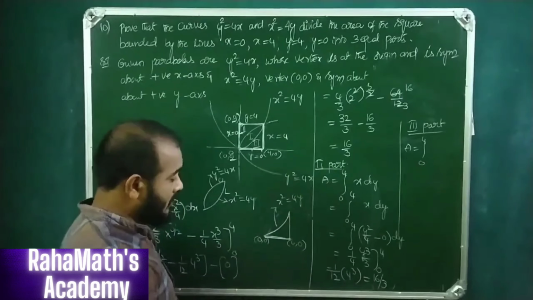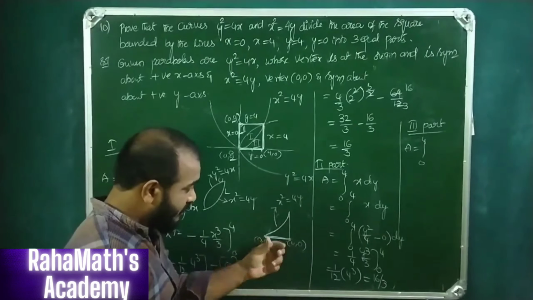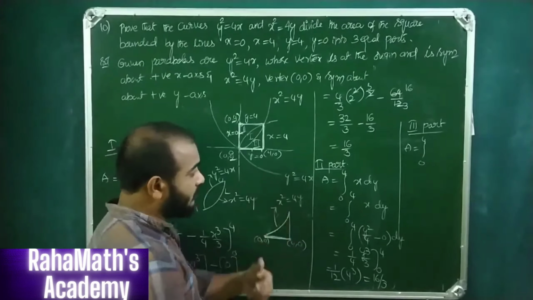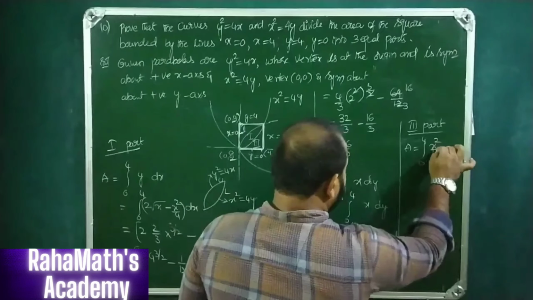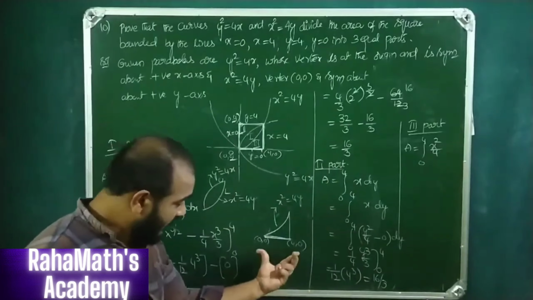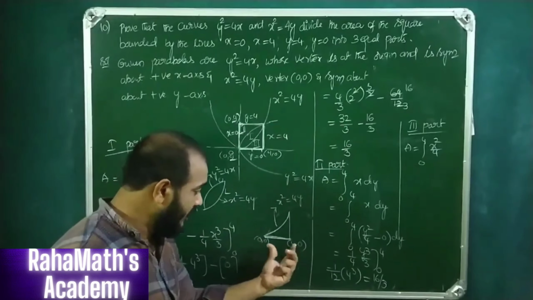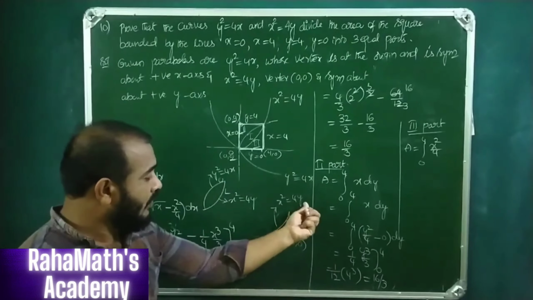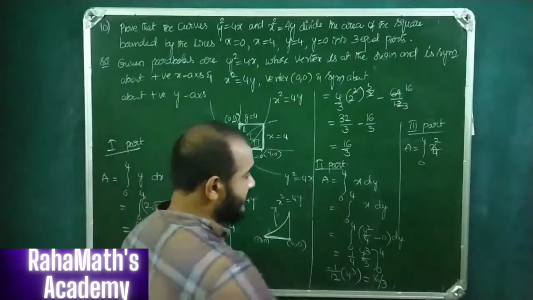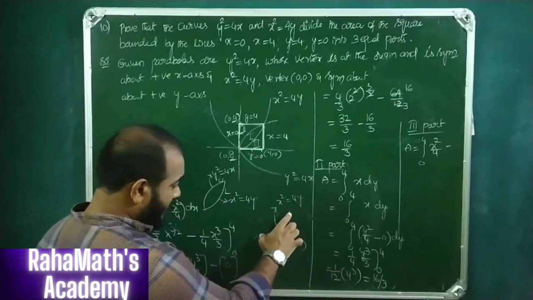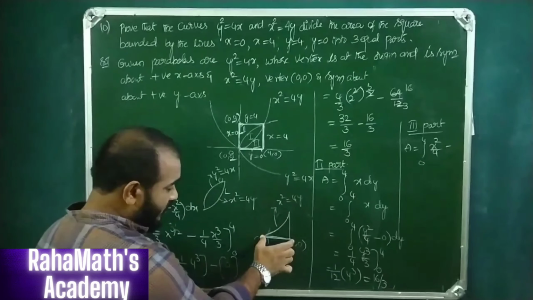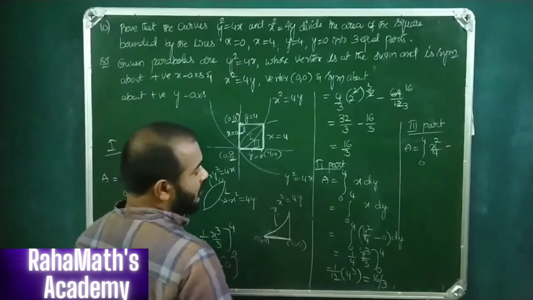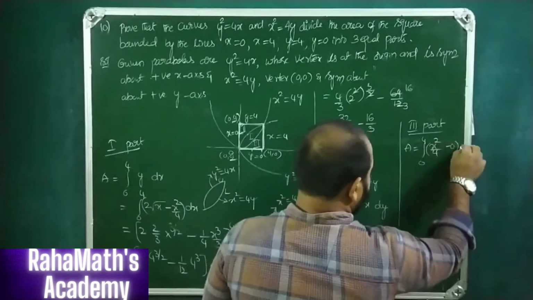Since these are the x limits, y dx I want. From this, x square by 4, again 0 to 4 are the limits of x. So dx I want, then y dx. So x square equals to 4y, y equals x square by 4, minus. This is the upper curve and this is the lower curve. What is this? X-axis. X-axis equation is y equals to 0. So minus dx.